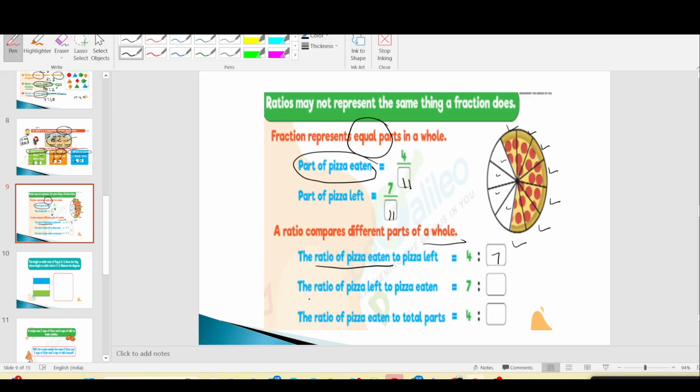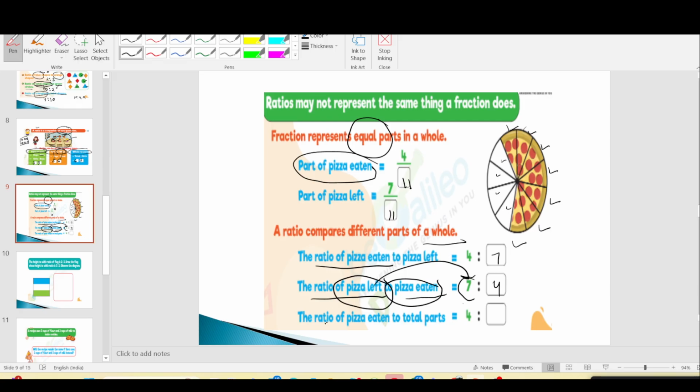Ratio of pizza left to pizza eaten. So this is the ratio. Whatever is written first, we write that ratio first. Pizza left is 7, and how many slices are eaten? There are 4 slices eaten.